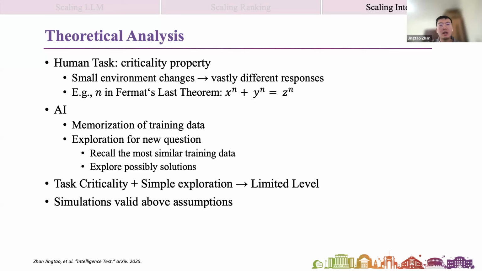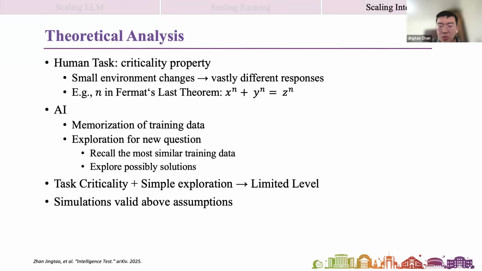And given these assumptions, we can use some theoretical models and simulate the results. The simulations show similar phenomena to what we observe in our real world experiments. And it shows that human tasks are very complex and show a critical property, and AI is trying to use superficial imitation to solve this complex task.